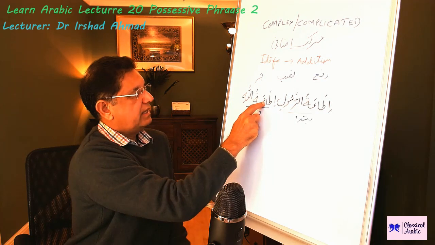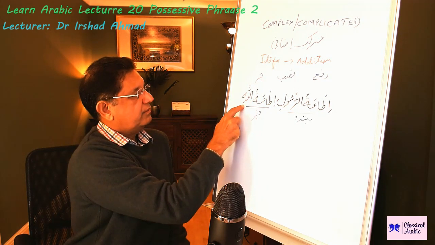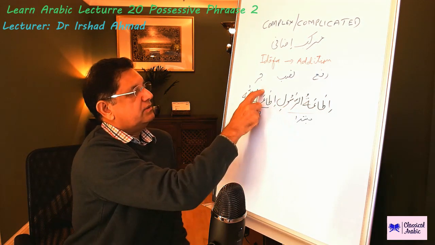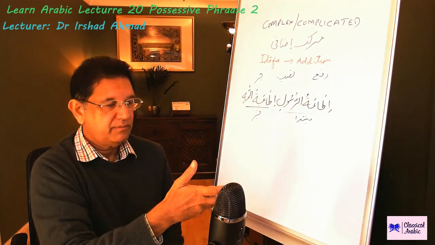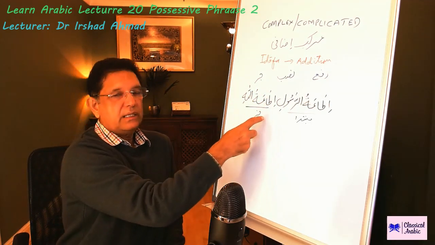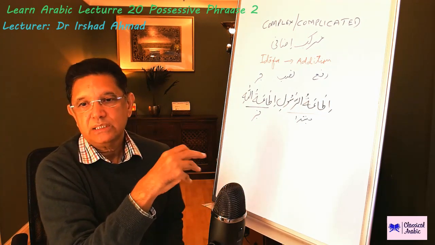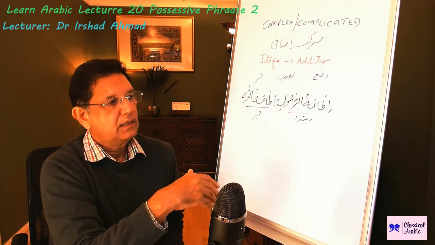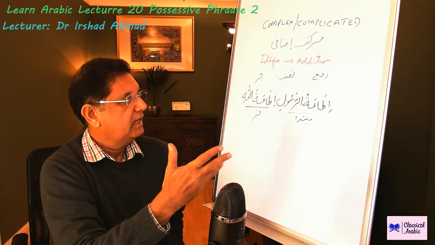This is definite because it is mudaf to a definite mudaf ilayh. So this is definite and this is also definite. This is mubtada and this is khabar. And here is an example again that the khabar in this case is definite. So although khabar is usually indefinite, there are certain cases where we cannot make khabar indefinite. It has to be definite.